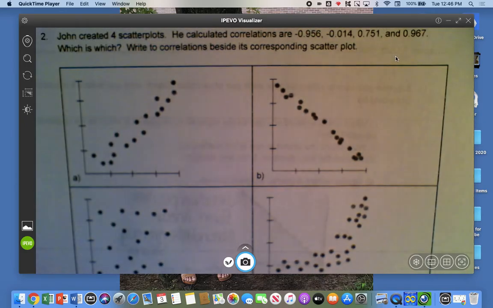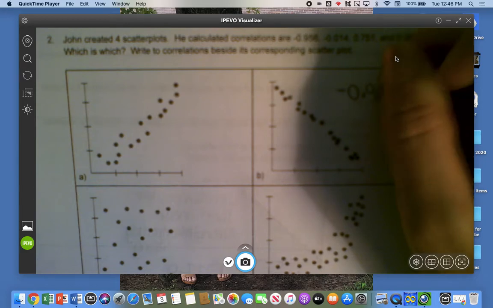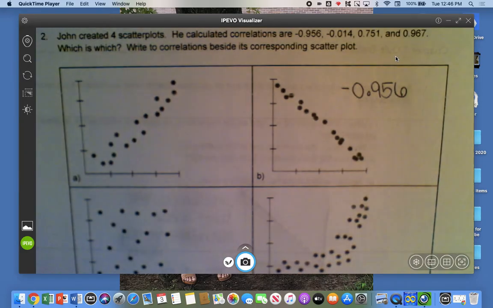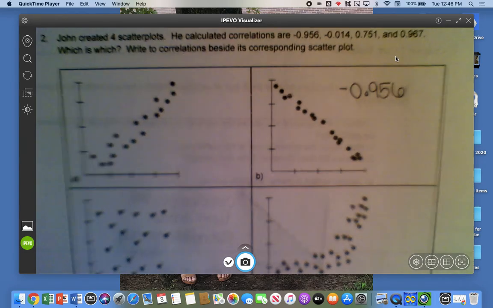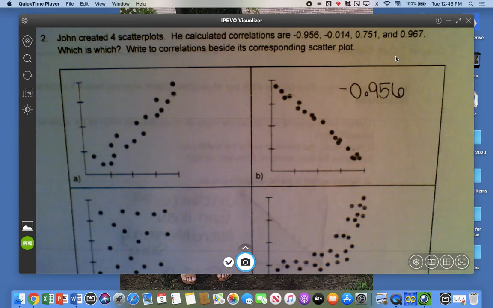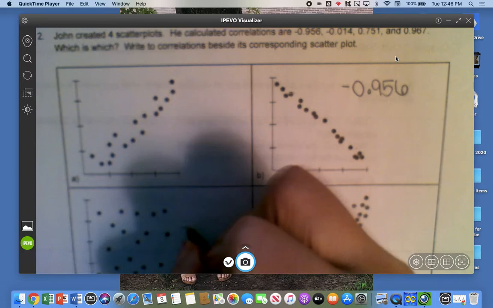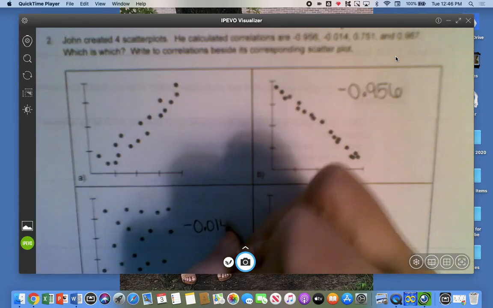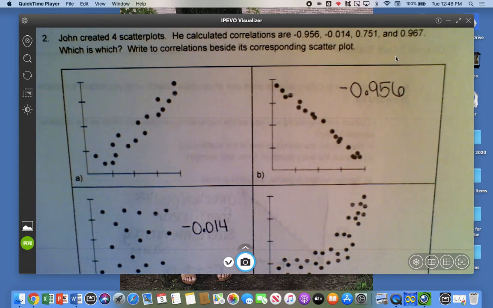And so we want the one that's closest to -1. So I agree that's probably a safe bet for the -0.956. You think C is the other negative one? Yeah, because A and D are definitely positive. So I think that's a good assumption to say that's -0.014. And that's also the one that's closest to 0, right?